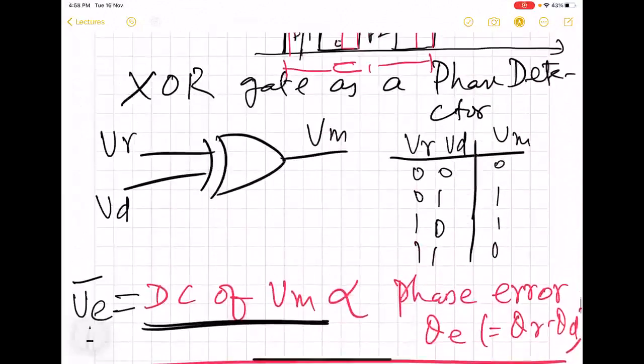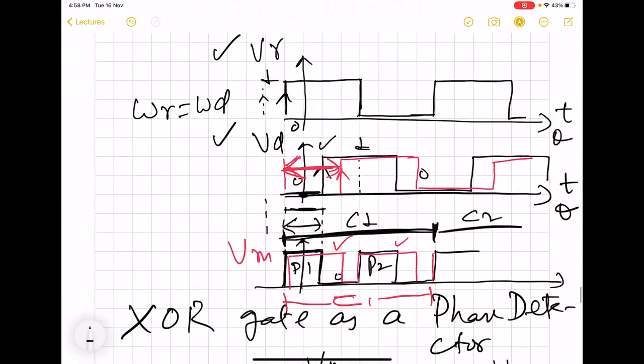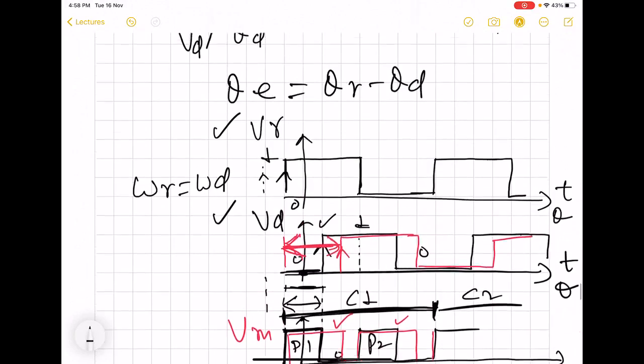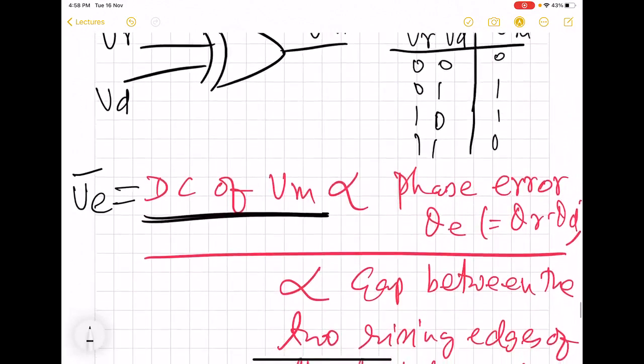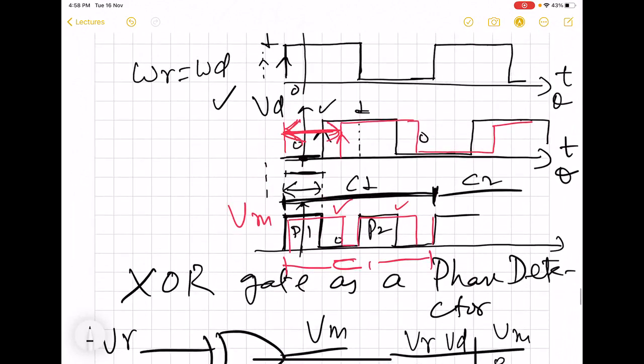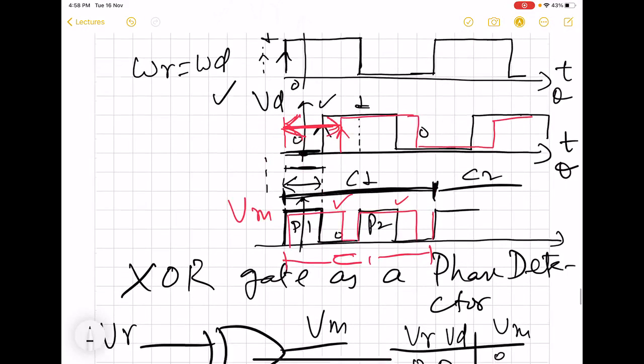So here we can see that when the phase error is 0, that means when both the plots coincide, in that case the output is going to contain no pulse. Right?